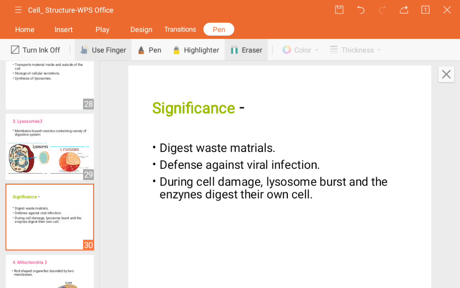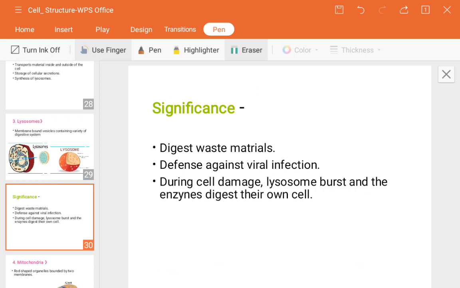So what is the significance of the lysosome? The significance is that it digests waste material and worn-out organelles. Whatever waste materials are present or produced inside the cells are digested by the lysosome, because it secretes the enzyme known as the digestive enzyme.